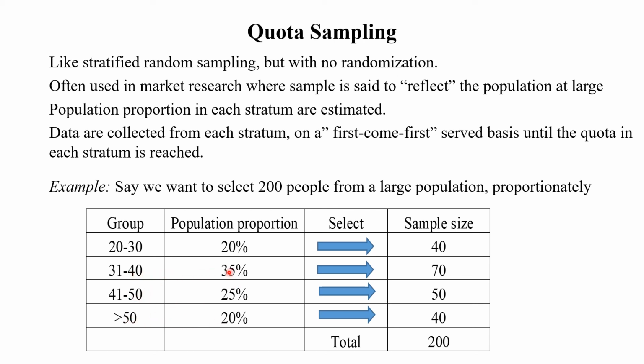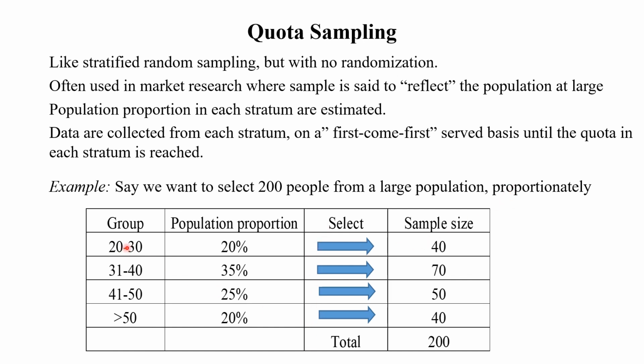Right? From the statistics department, they mention that in this group we have this breakdown of the population size. Right? So let's say proportionally, we know roughly 20%. Right? We take a sample size, you want 200, right? 200, 20%, 35%, right? So that is proportionate to population size, but no randomization.